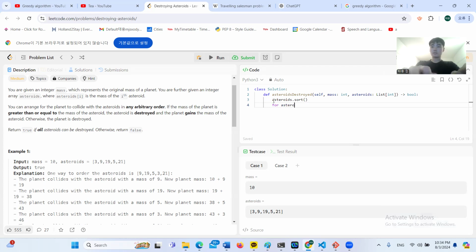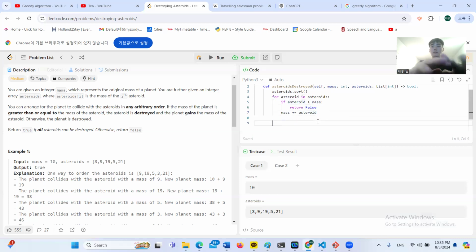So for asteroid in asteroids, we check if the current mass is sufficient to destroy the asteroid. So if asteroid is bigger than mass, then return false, because the planet will be destroyed. And if not, we add the mass of the asteroid to the planet's mass. And then after this iteration is done, we return true.